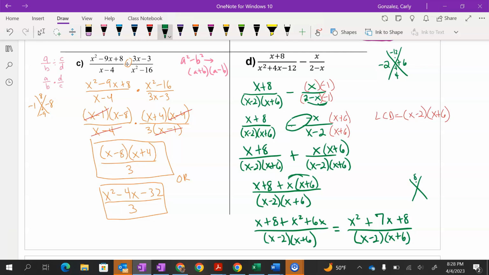But if we look for what multiplies to 8 and adds to 7, you could try 8 and 1, but those will add to 9, or they could both be negative, but those would add to negative 9. So the numerator is not factorable, so we could leave it as such, or we could multiply out the denominator. Either way would be fine.